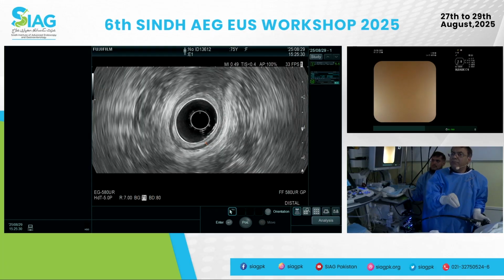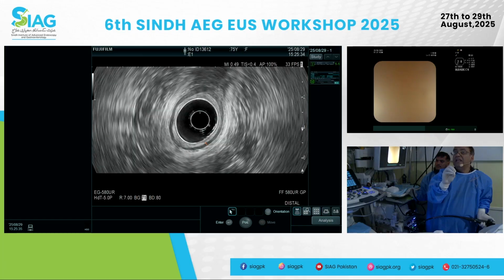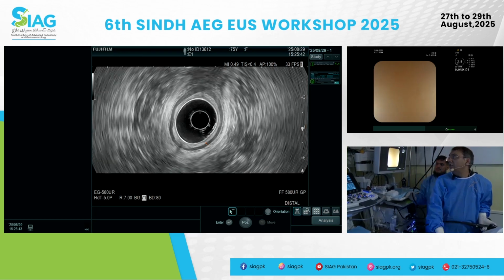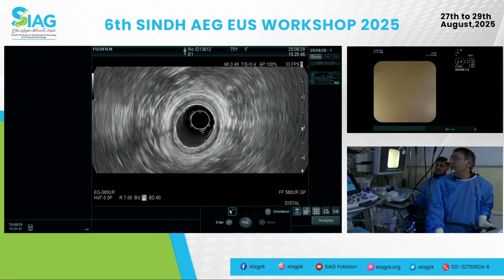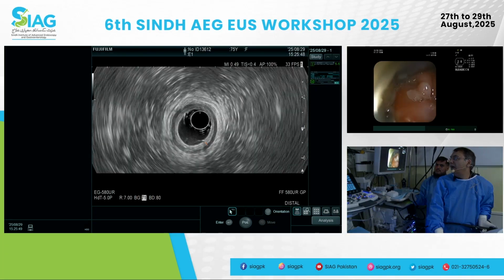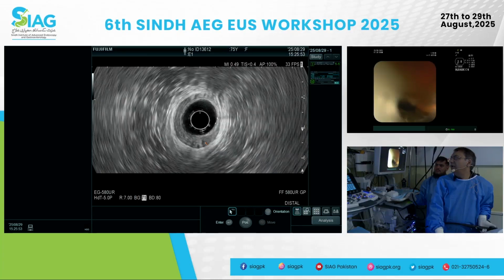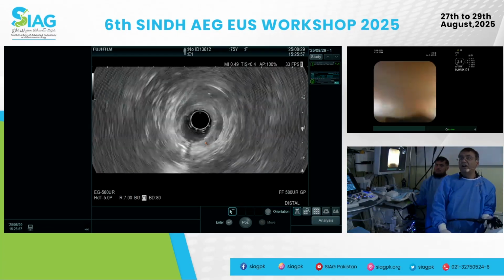When you get to that point, the internal sphincter becomes a little bit more fuzzy on the outer side, and that shows that's where the external sphincter is meeting. So I'll come back a little bit, and come back. We are almost getting out. You see where it became a little bit fuzzy, and there was a hyperechogenic area around that.